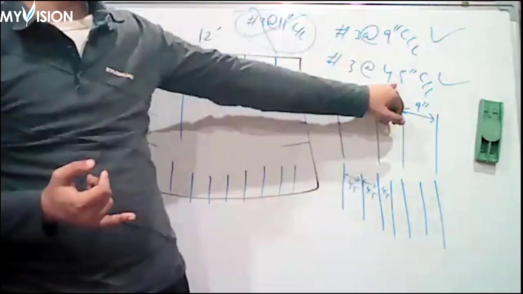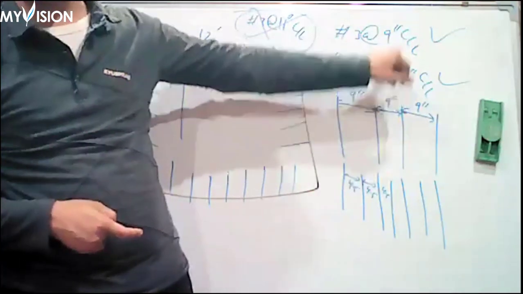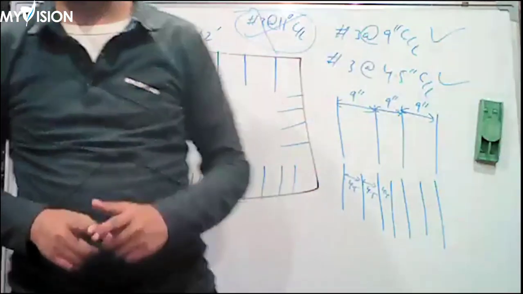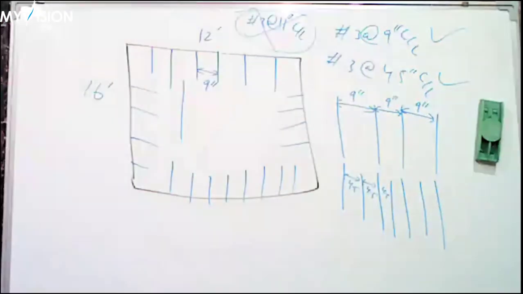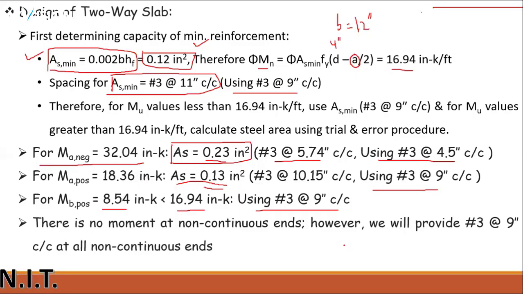If it is 5 inches or 6 inches, then we cannot overlap these steels. So the only way available is that we have to overlap these steels by using this technique, as I have shown you on the board. If I want to provide a steel like this, let me draw over here, these are the steels at 9 inch center to center.